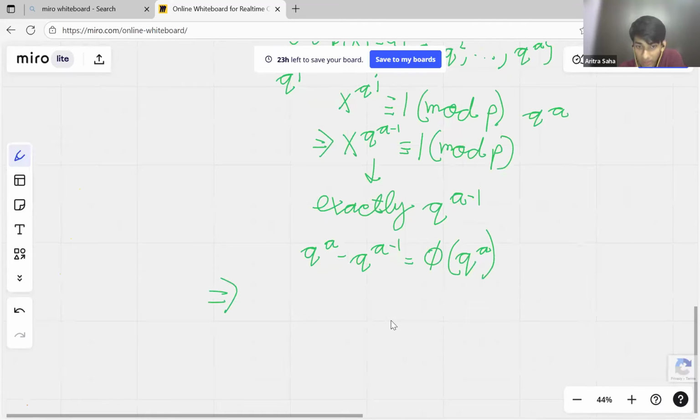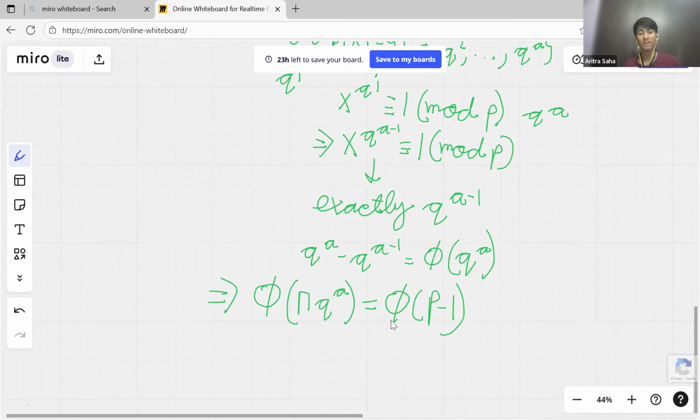So the number is just phi of the product of q to the power a, which is equal to phi of p minus 1. So we also proved that there are exactly phi of p minus 1 primitive roots. Do you see the proof?